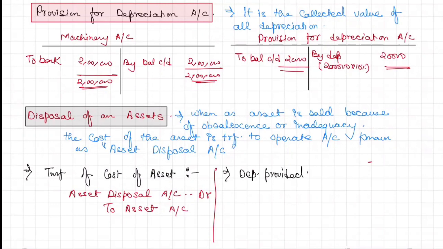So we can say the entry will be provision for depreciation account debit to asset disposal account. Okay, by entries you might get confused, but once we see an illustration, it will be clear.